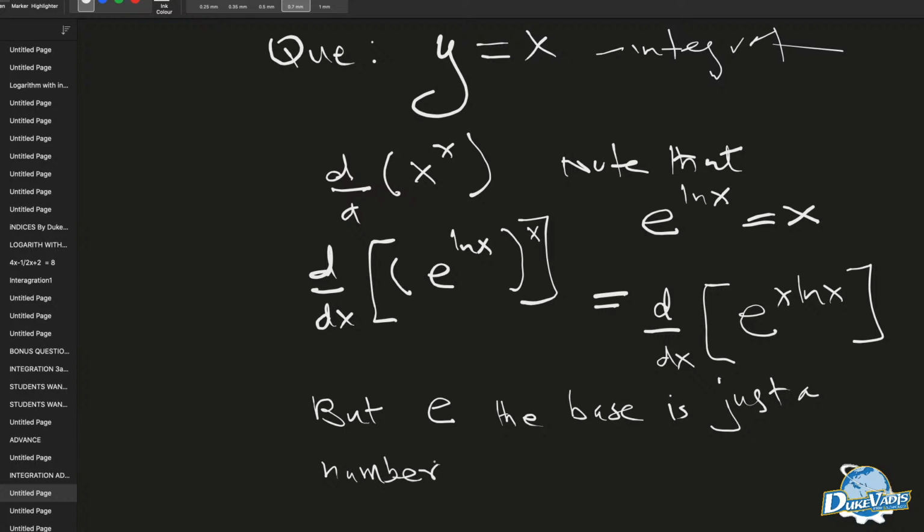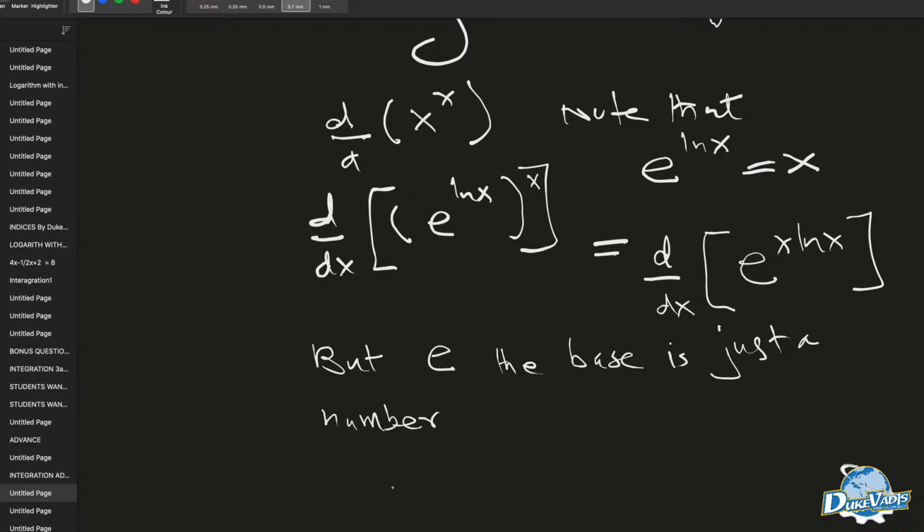So if we look at this very carefully, we see that this can be a product. When I bring e out, we have e raised to the power x natural log of x, into bracket.